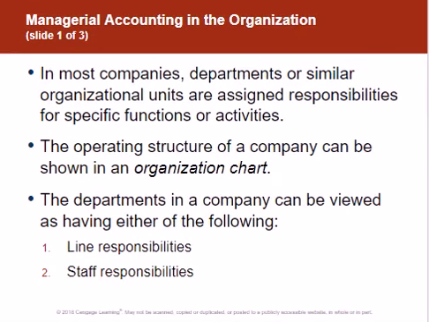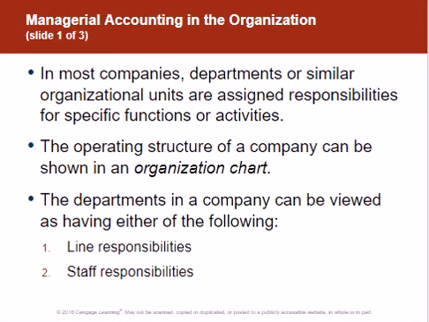In most companies, departments or similar organizational units are assigned responsibilities for specific functions or activities. The operating structure of a company can be shown in an organization chart, also known as an org chart. The departments in a company can be viewed as having either of the following.